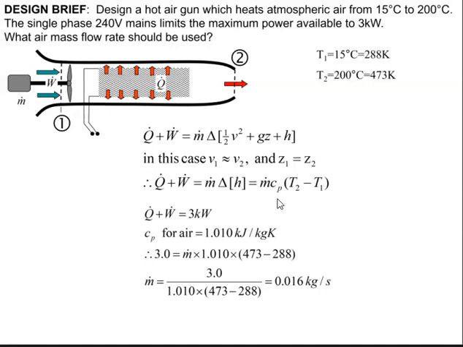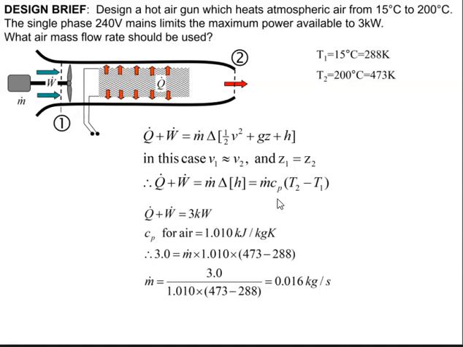The Cp value for air is usually provided in an exam, but if it's an assignment, sometimes it's not provided, and it's kind of easy to remember: 1.01 kilojoules per kilogram Kelvin. All specific heats have this unit, joules per kilogram Kelvin, sometimes joules per kilogram centigrade.